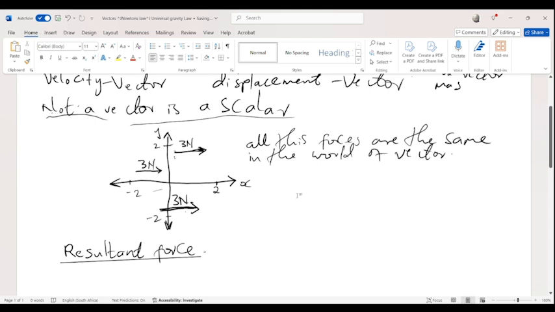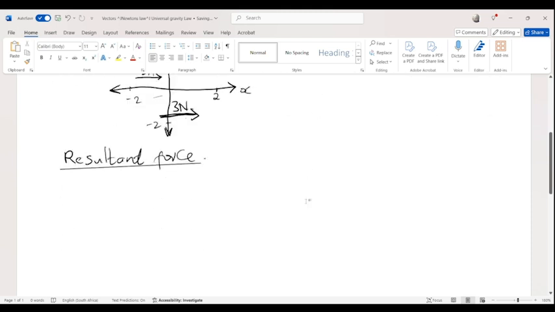A resultant force is the sum of all forces. Okay, let's talk about Newton's laws.